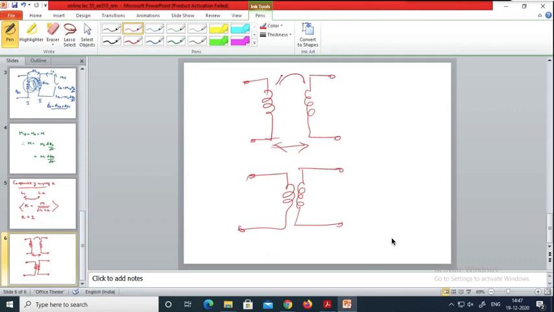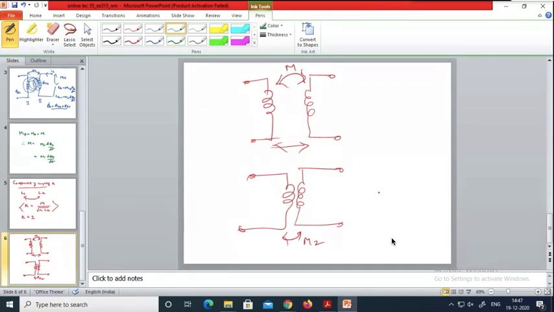So M here differs, M1 and M2 also differ, because the amount of flux linking the coils varies if they are placed away from each other, and the amount of changing flux increases when they are placed very close to each other. Therefore, the mutual inductance varies. As a result, the coefficient of coupling also varies.